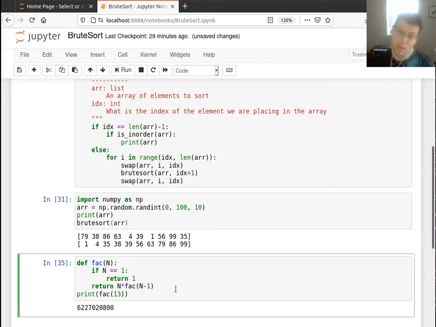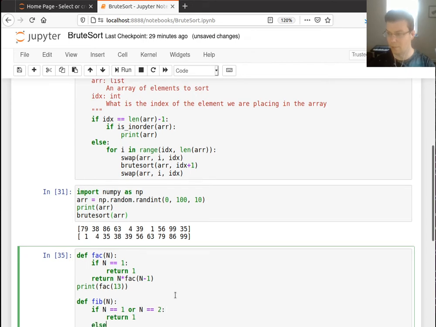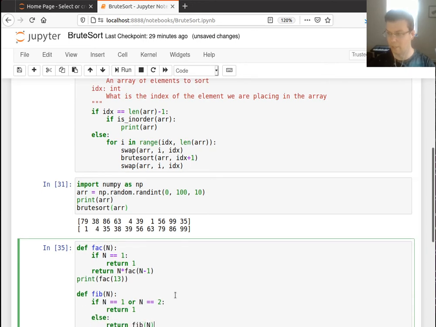But I also want to think theoretically: how does this factorial time complexity measure up compared to some other time complexities that we've seen? Because we saw, for example, the Fibonacci sequence. If I did my naive implementation of that, it was: if n equals 1 or n equals 2, return 1. Otherwise, return fib of n minus 1 plus fib of n minus 2.